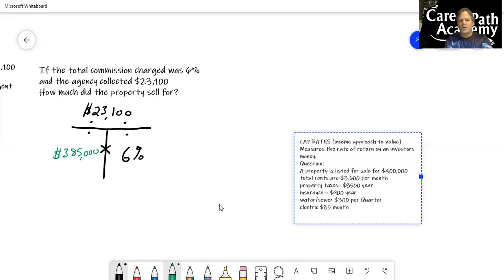The gas for the common area, let's just say it's at $70 a month. Trash / waste removal, the dumpster, let's say the dumpster's $100 a month.